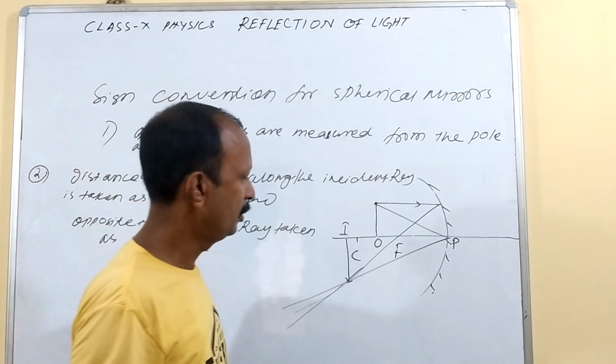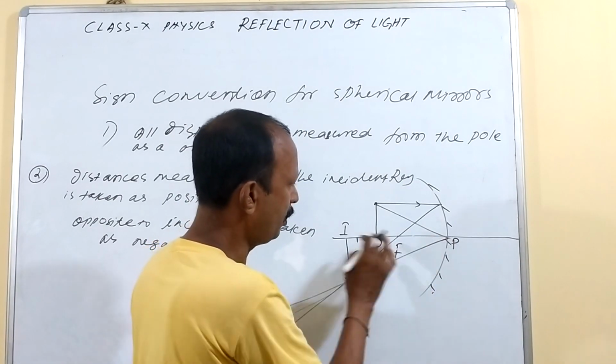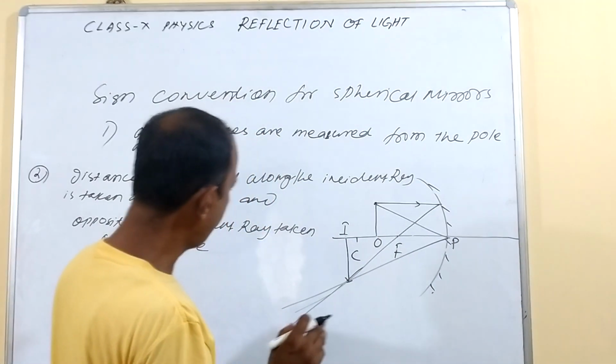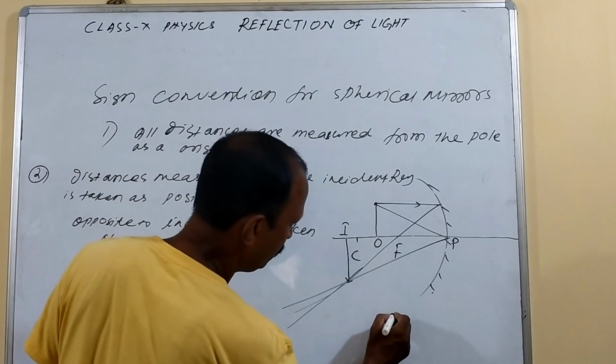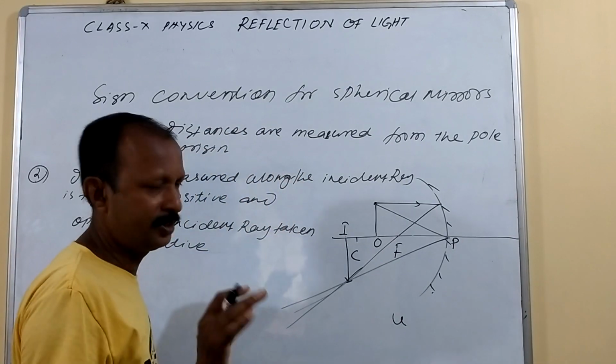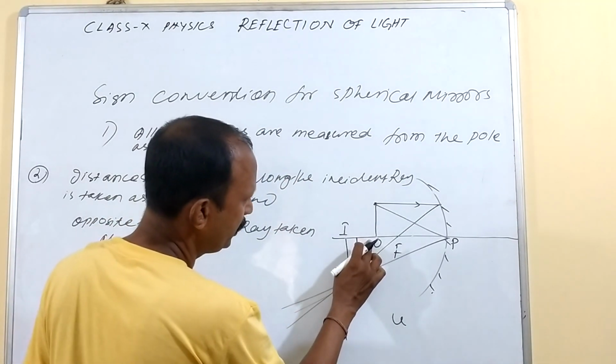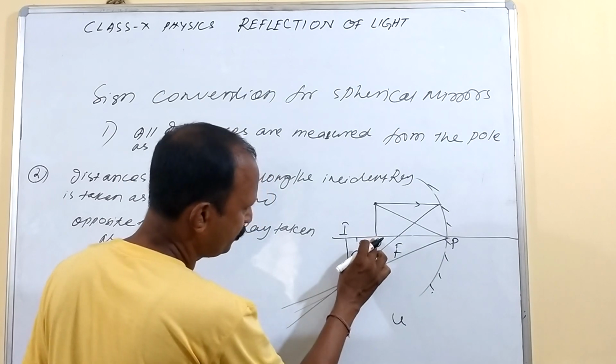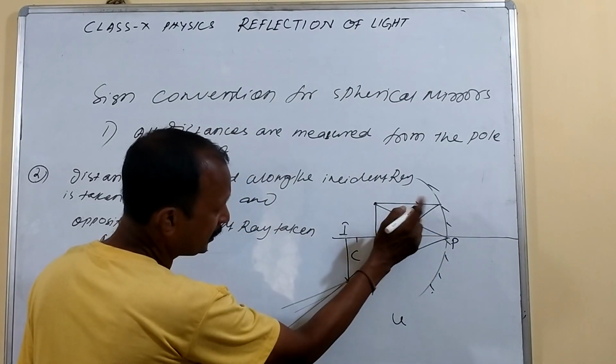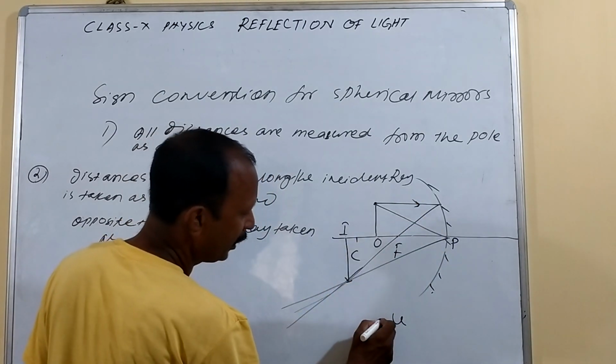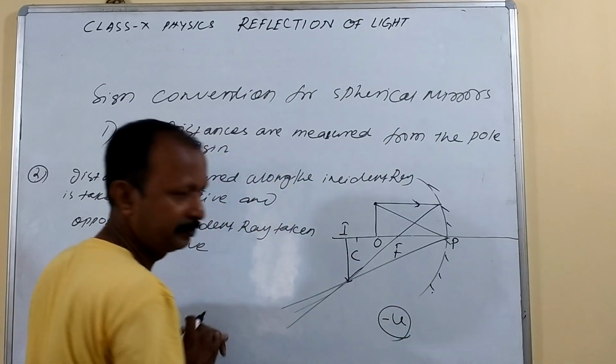What opposite? For example, this is a concave mirror. I shall measure the object distance u. u is the object distance. The object is here. I shall measure pole to object. So it is against the direction of the incident ray. So I shall take it here as negative.